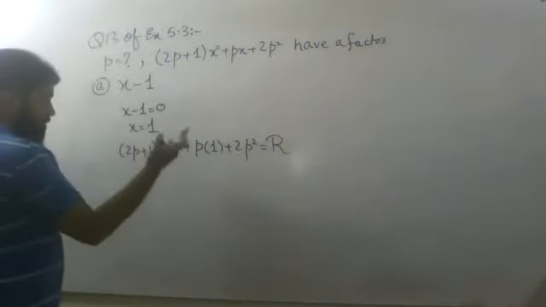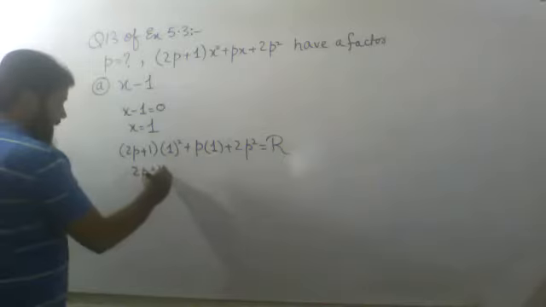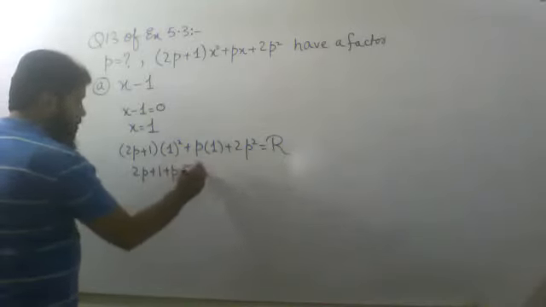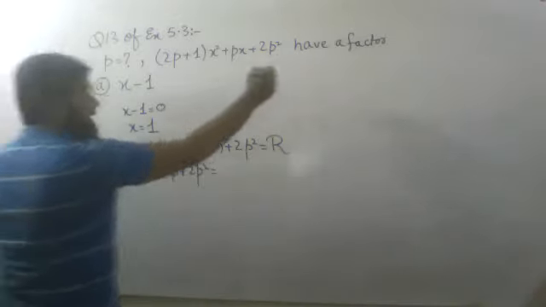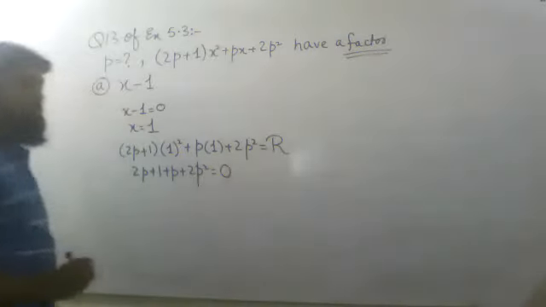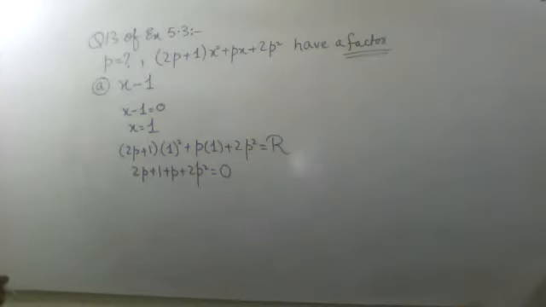Simplifying it, 1 square will be 1, so this will become 2p plus 1 plus p plus 2p square. And as it is a factor, it means the remainder will be taken as 0. The remainder will be 0 over here.